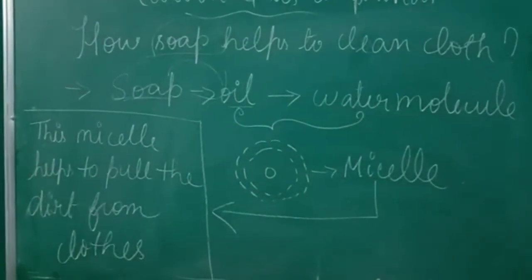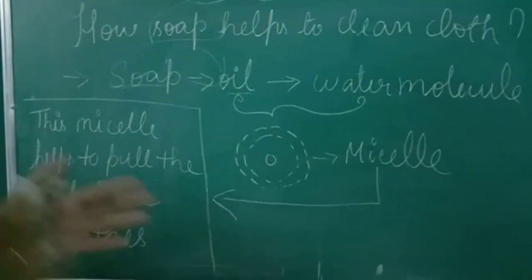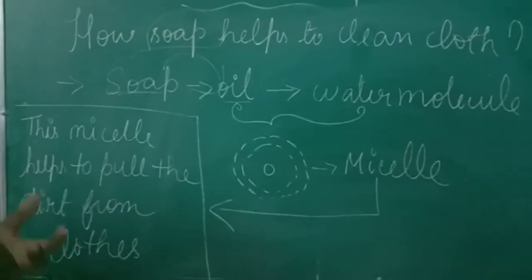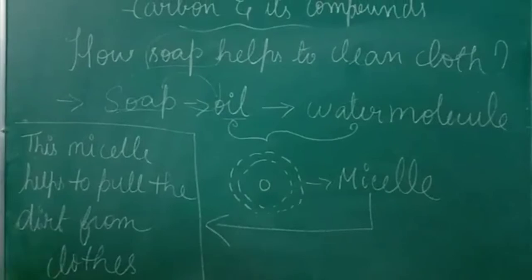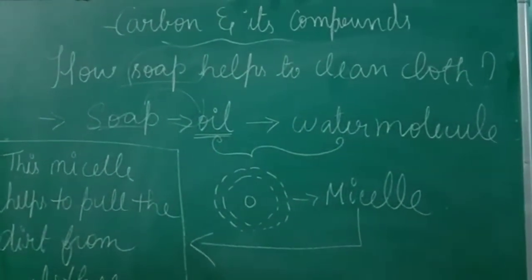So in the soap, what happens? When the soap is rubbed with the help of water, foam is produced. Why is that foam produced? It is produced because of the oil extracts present in the soap.